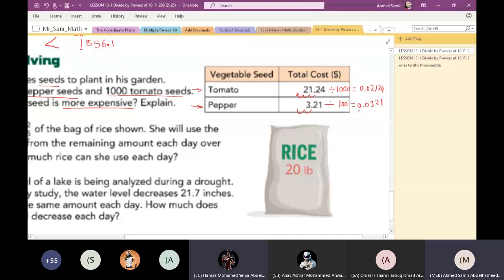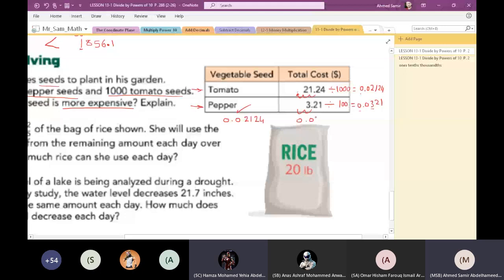We're comparing two numbers. Let's write them down next to each other. Here we have 0.02124, and the other number is 0.0321. Now let's compare them.